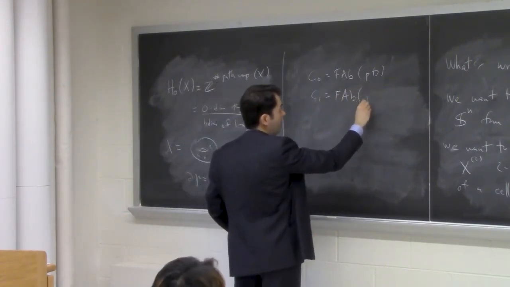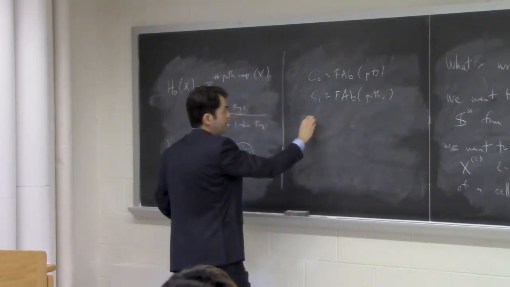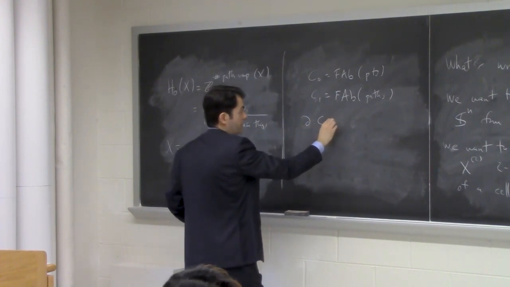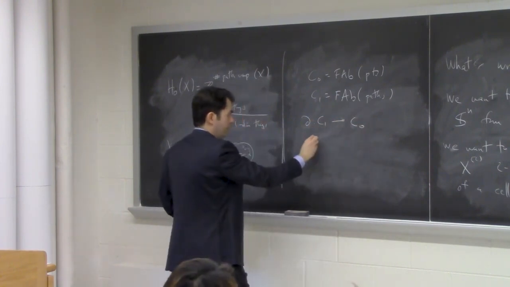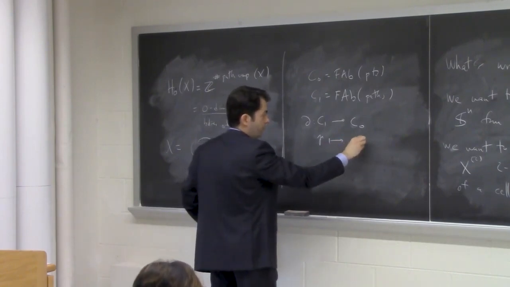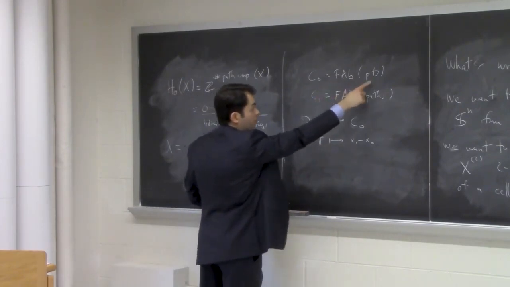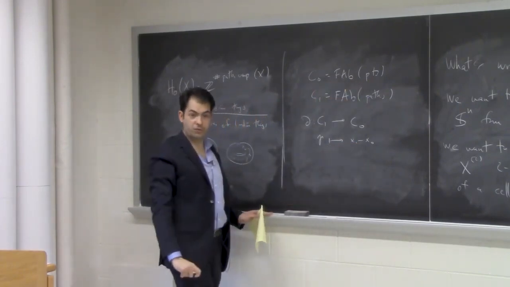C1 is the free abelian group on paths, say. And then I have a map from C1 to C0 that takes gamma to x1 minus x0.